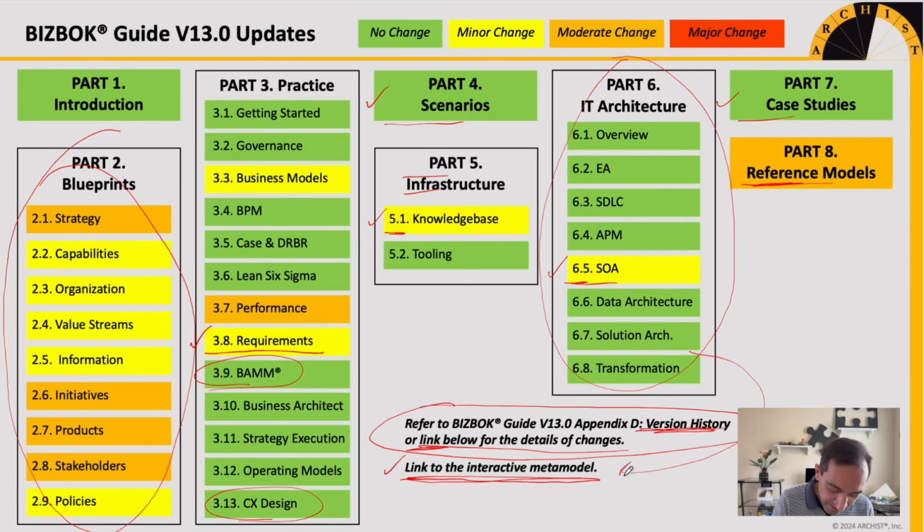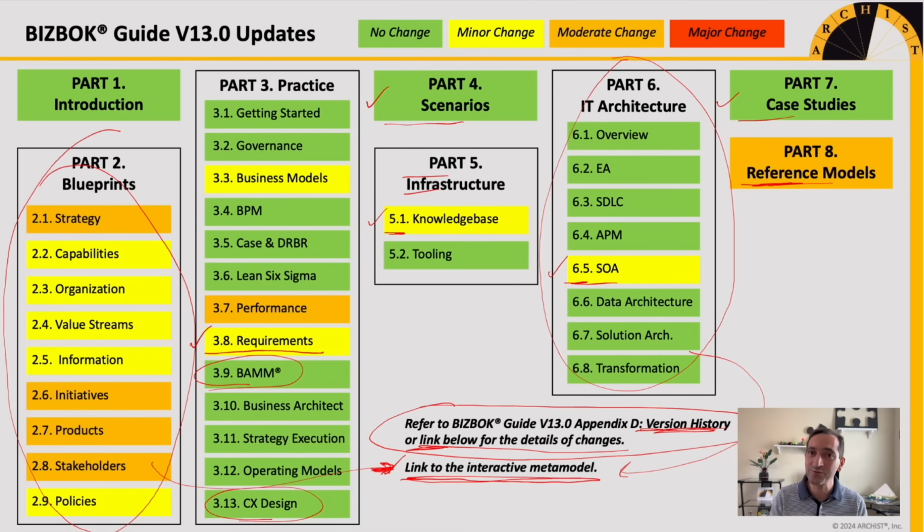We have actually created an interactive Metamodel where you can pick and choose which of these domains you are interested in seeing the relationships and the metamodels from the BIZBOK perspective. So that's actually an interesting one to check out.